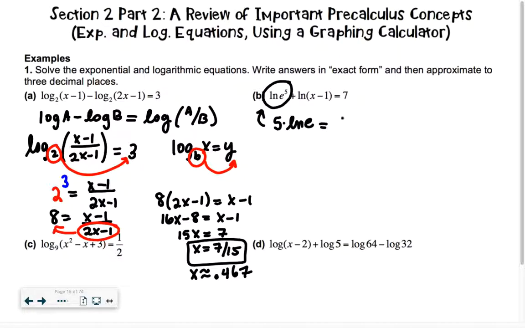And natural log of e is 1, so all of that is equal to 5. So we have 5 added to natural log of x minus 1 is equal to 7. Then we can subtract that 5 over, so I get natural log of x minus 1 is equal to 2.